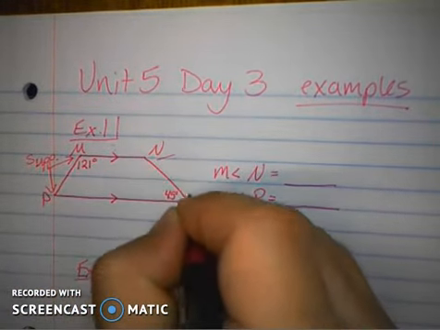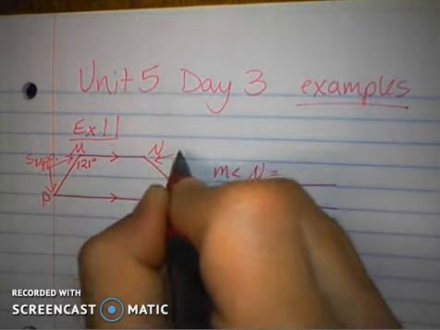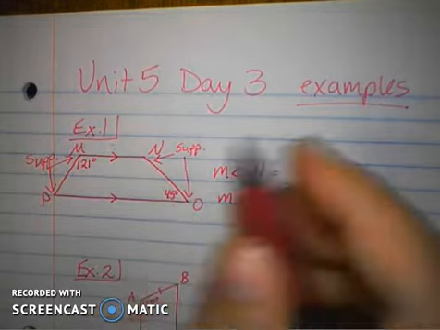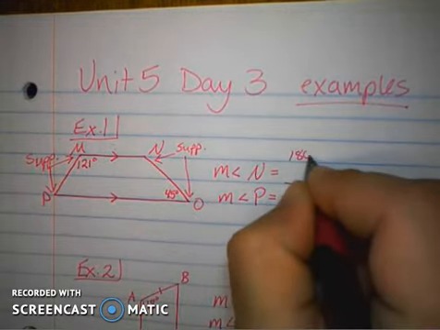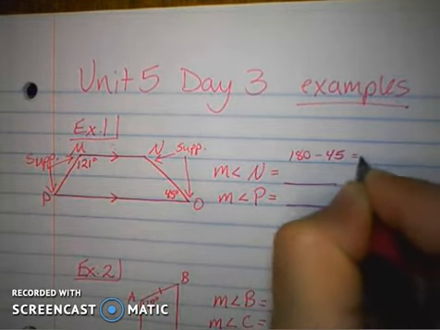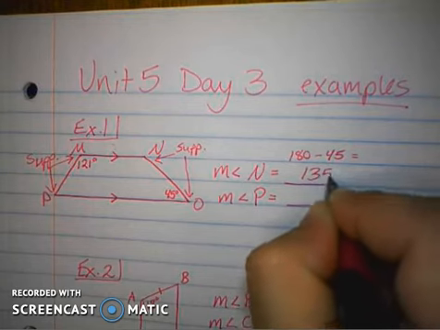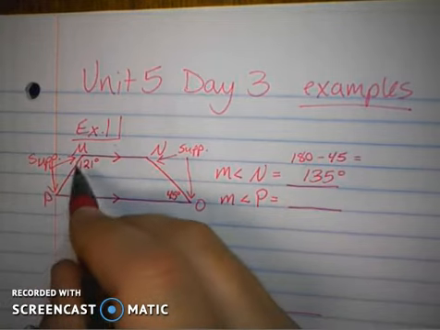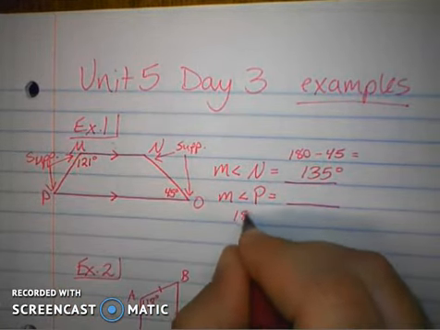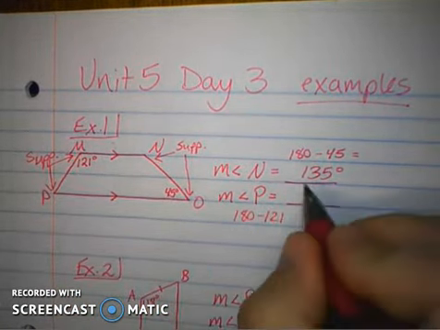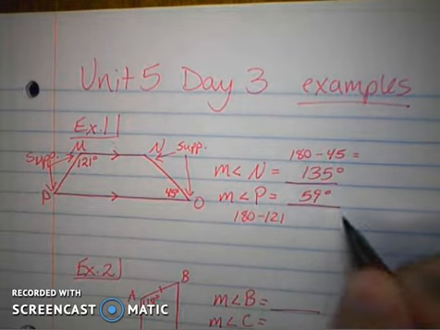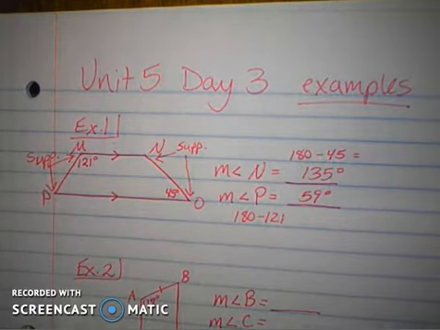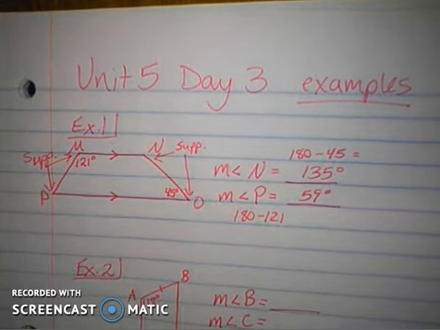And these angles are supplementary. So to find angle N, we just take 180 minus 45, and we get 135 degrees. And to find angle P, we take 180 minus 121, and we get 59 degrees. Okay?